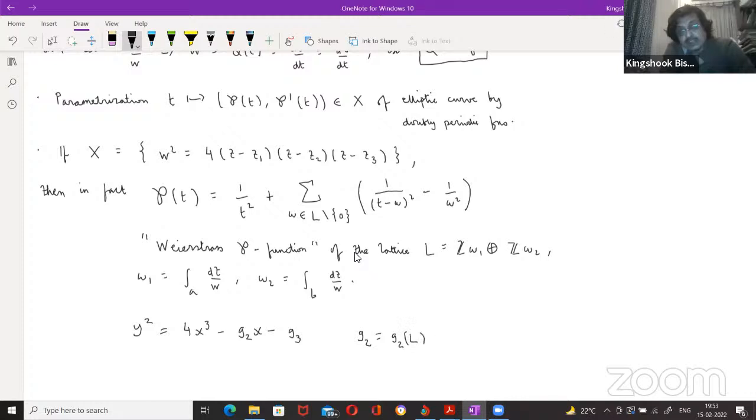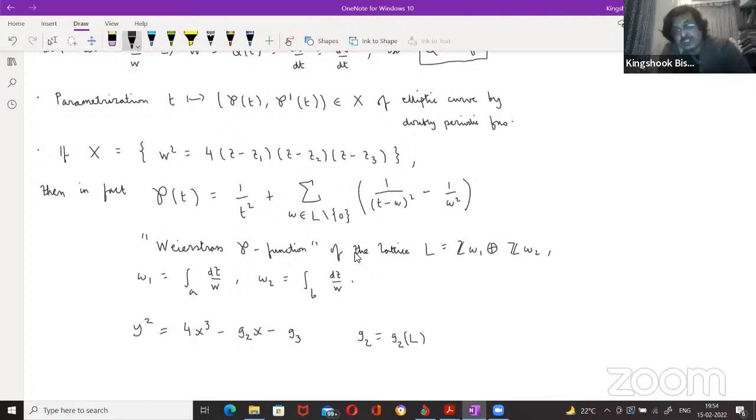So you see, as soon as I have an elliptic curve, I get a lattice. The lattice is generated by these two periods, omega 1 and omega 2, where omega 1 and omega 2 are these two abelian integrals, the integral of dz over w over the A curve and over the B curve. Right? So these two are linearly independent. They generate a lattice for me. So any elliptic curve gives rise to a lattice.